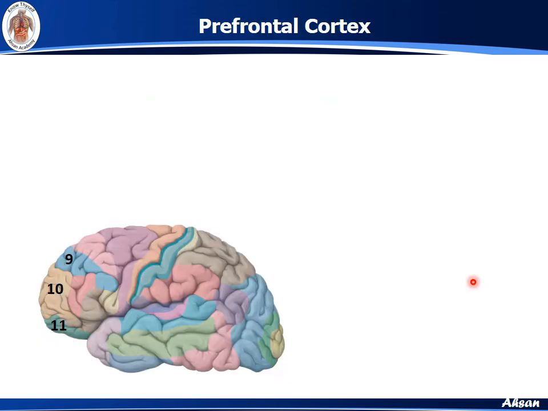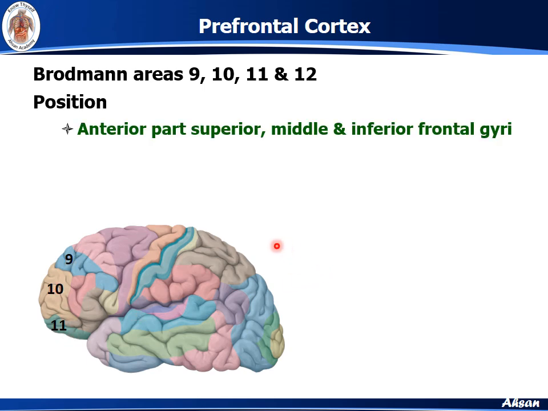This one is the prefrontal area, a very large area occupying the total anterior area. This is Brodmann's areas 9, 10 and 11, occupying the anterior part of the superior, middle and inferior frontal gyri.